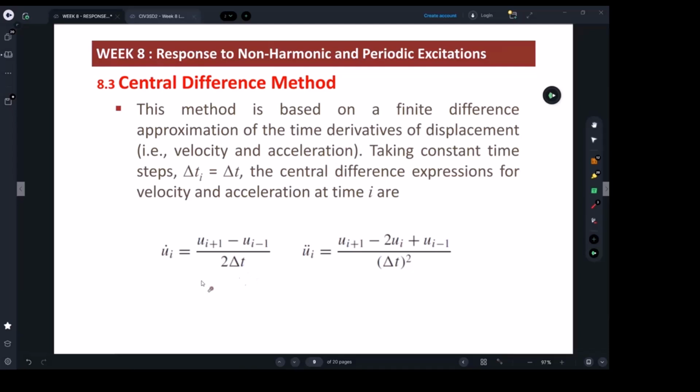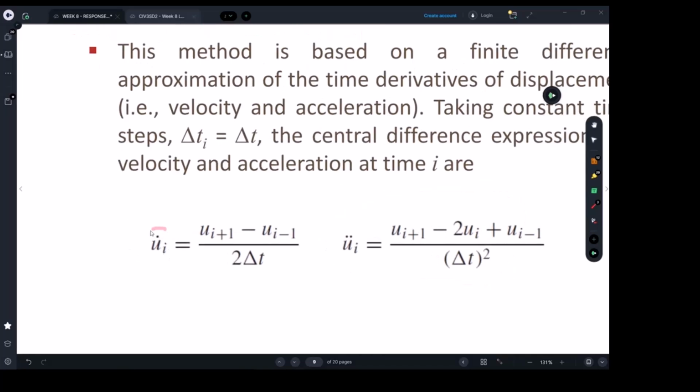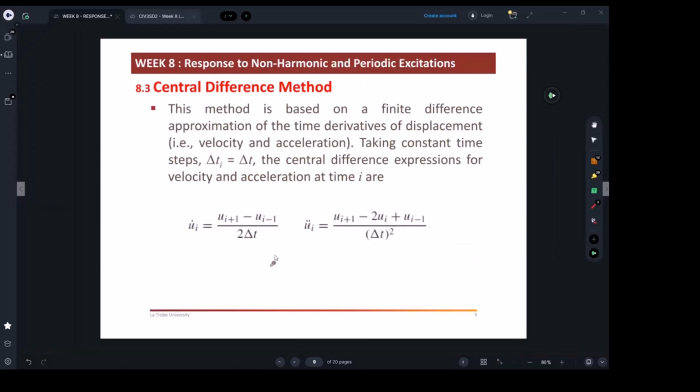Yes, the dots above, that's right. So this U is the displacement. U dot is the first derivative, the velocity. And U double dot is the acceleration. Yes. Okay.